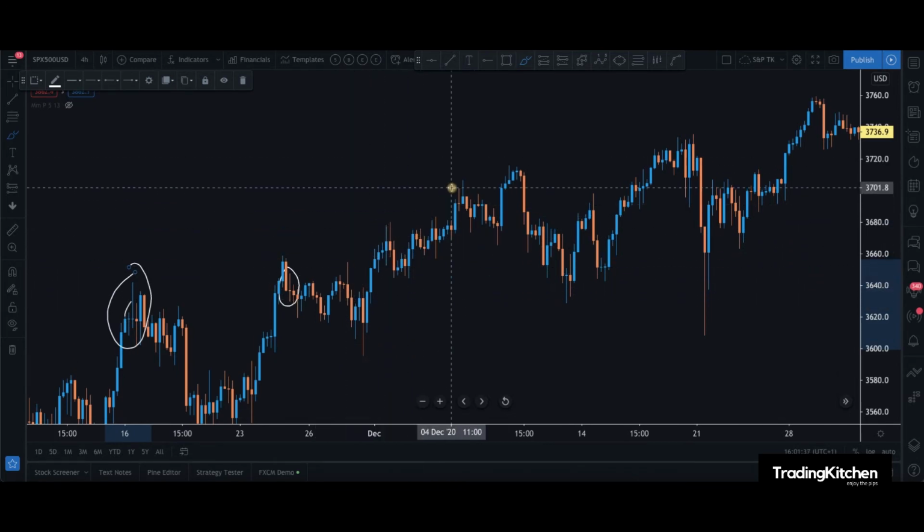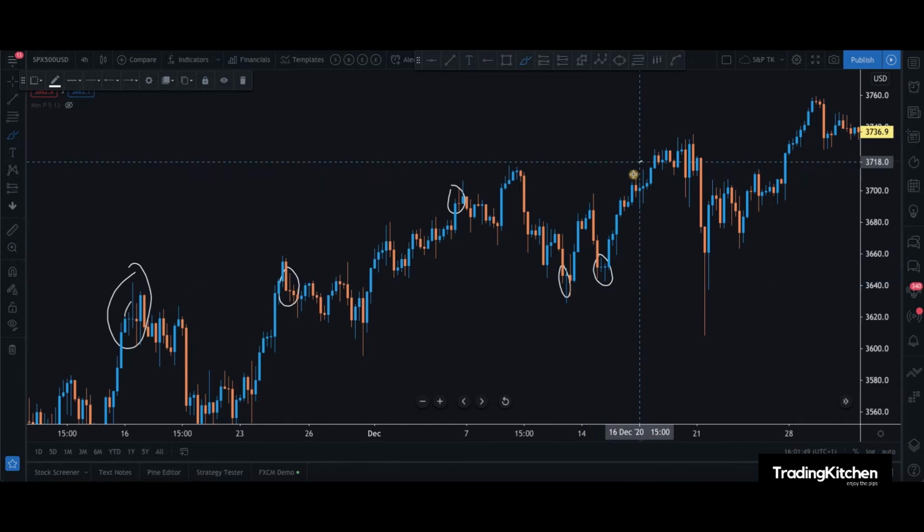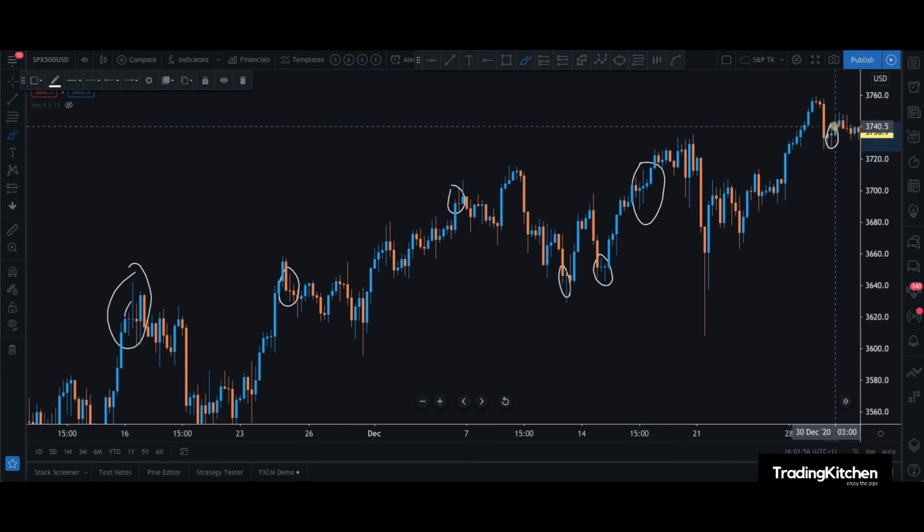Let me show you. This is a Doji. This as well. These are Dojis as well.